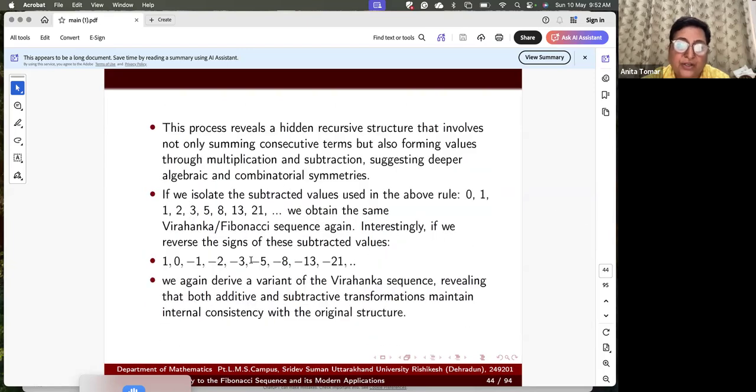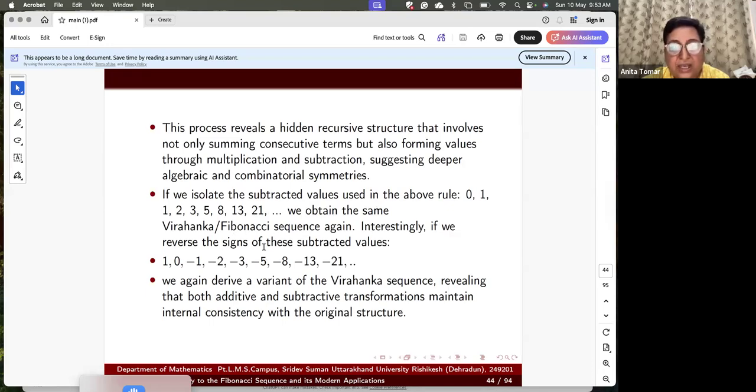So here I want to mention that if we isolate the process, it reveals a hidden recursive structure that involves not only summing consecutive terms but also forming values through multiplication and subtraction, suggesting deeper algebraic and combinatoric symmetries. If we isolate the subtracted values used in the above rule, like 0, 1, 1, 2, 3, 5, 8, 13, 21, we obtain the same Virhanka Fibonacci sequence again.